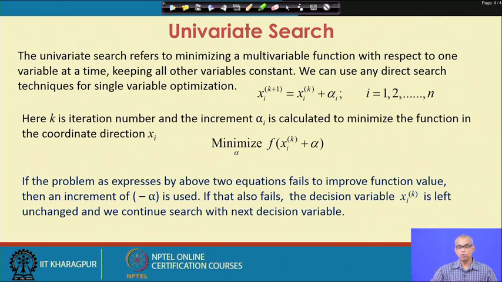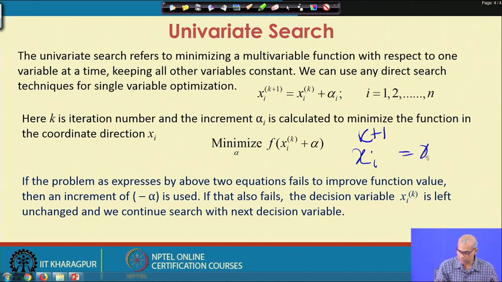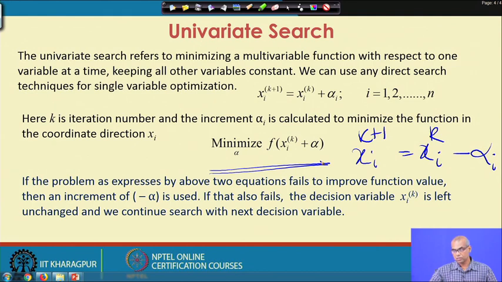So, basically what we do then is we take x I at k plus 1 is x I k minus alpha I. Similarly, this will also change, and you have to incorporate the minus sign, or you have to replace the positive sign by the minus sign.